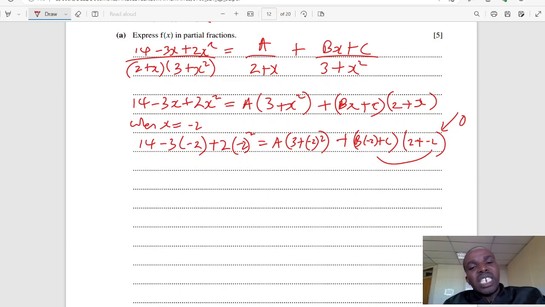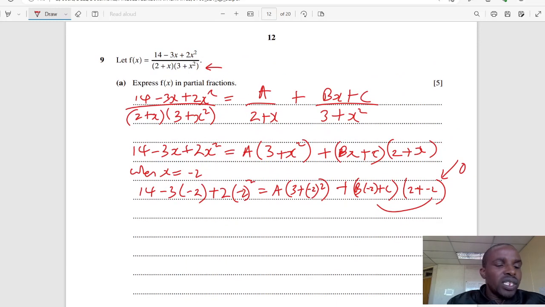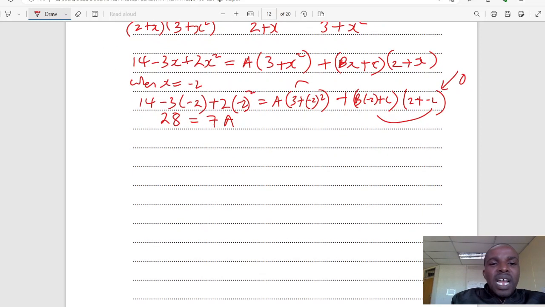Let me simplify this part. 14 minus 3 where there's x, I put minus 2, then plus 2 times minus 2 squared. This side will be 28. Is equal to, then this part, minus 2 squared is 4. 4 plus 3 is 7. 7a. So from this, I can divide by 7.